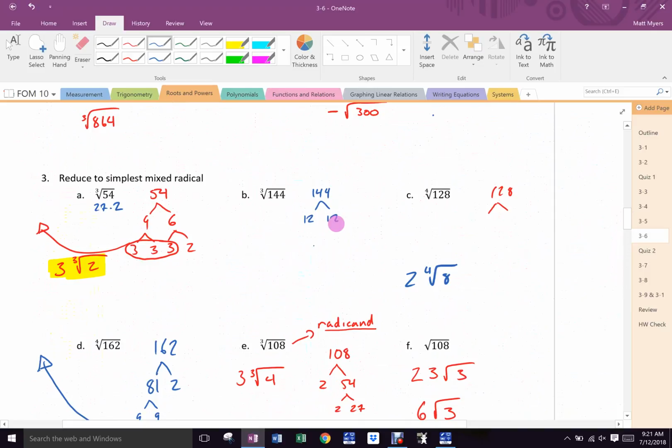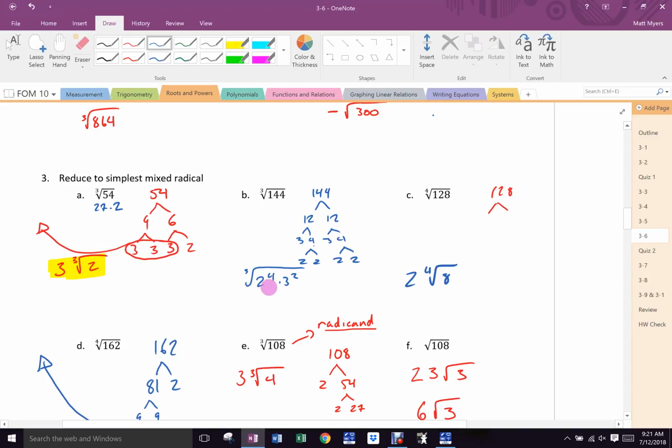This one? Yeah. 12 times 12. 3 times 4. 3 times 4, right? 2 times 2. 2 times 2, right? So I have 2 to the 4th times 3 squared, yes? I'm looking for groups of 3, yes? How many groups of 3 can I get out of there? I can get 1 group of 3 out of 4.